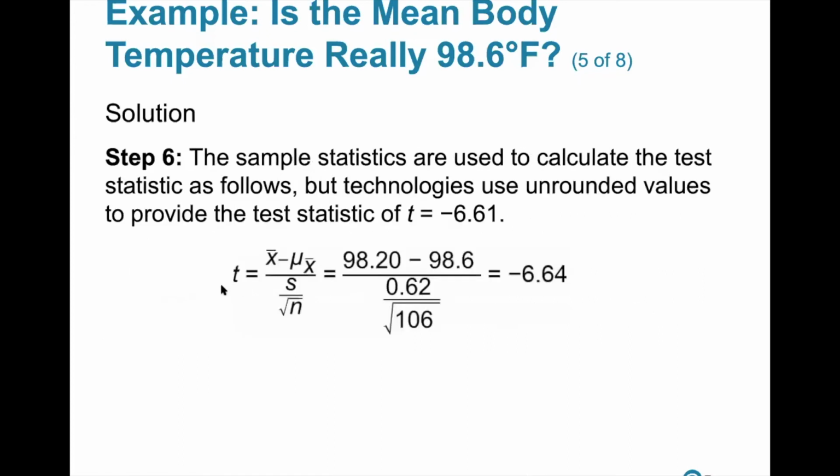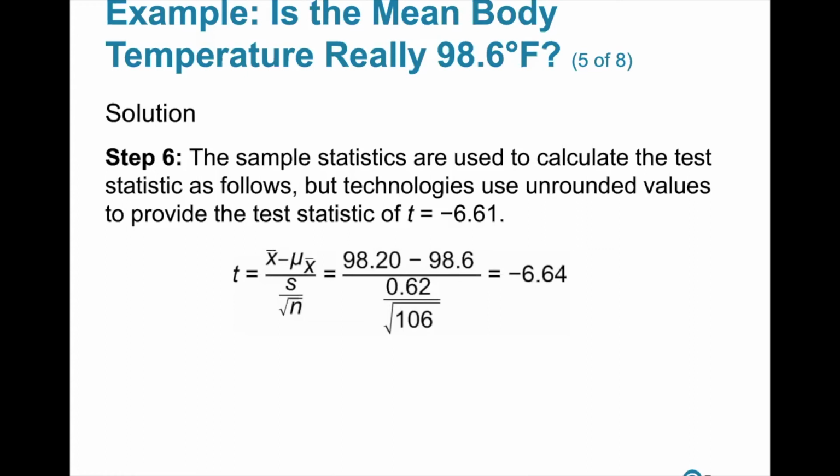So when we use our formula for the test statistic, we get 98.2 minus 98.6 divided by 0.62 over the square root of 106. And I'm hoping that as you're watching these videos, you're putting these things in the calculator and not just taking my word for it. The t-value comes out to negative 6.64.